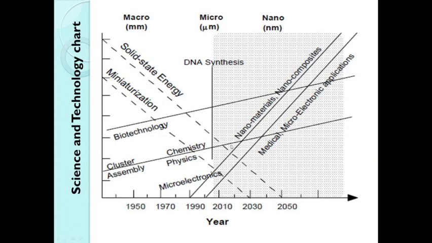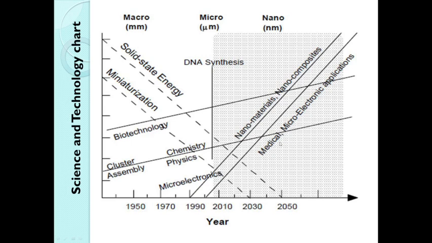Here I am comparing how nanoscience and technology is progressing. You just need to look at the second part of this graph, nanomaterials and nanocomposites. From 1990 onwards, it shows a very steep linear line.